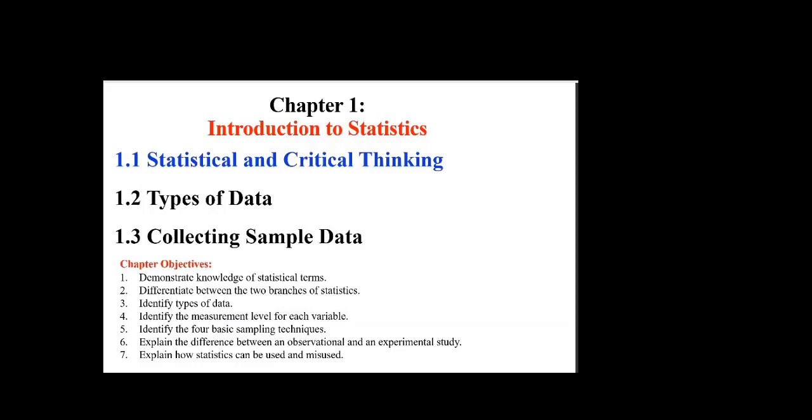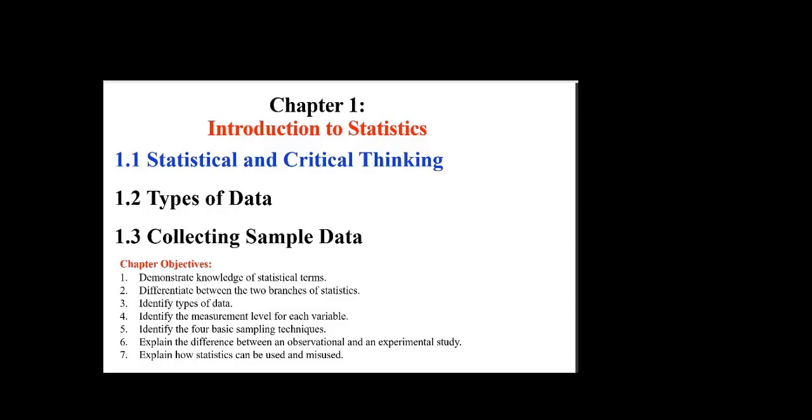But introduction to stats, the idea is we have to have statistical and critical thinking, types of data, and then in the next section, we look at how we collect sample data. So we are going to look at statistical terms.